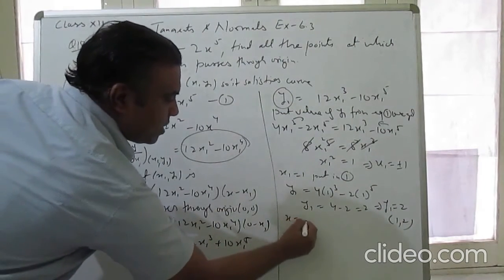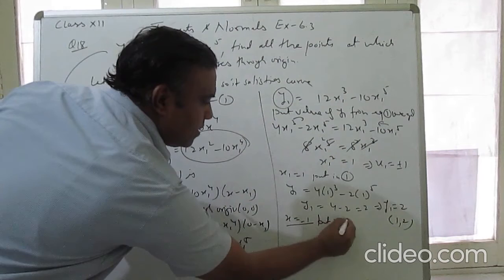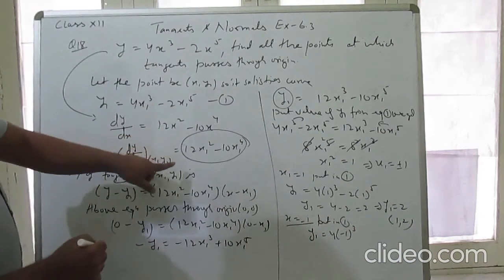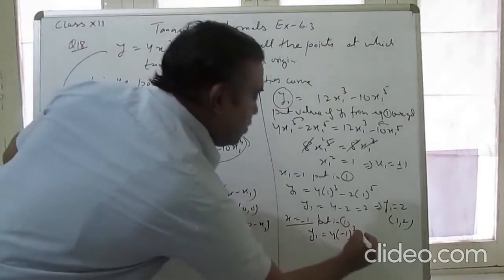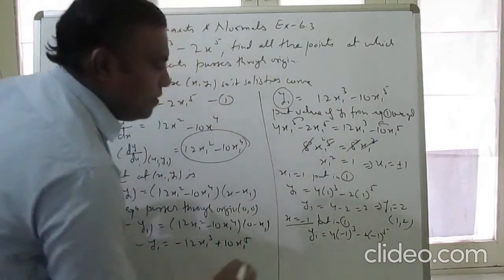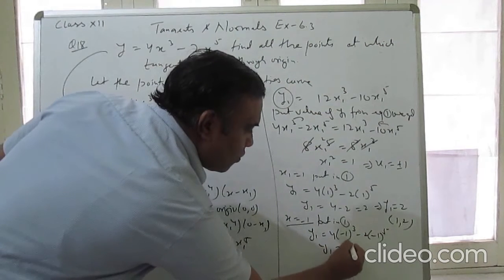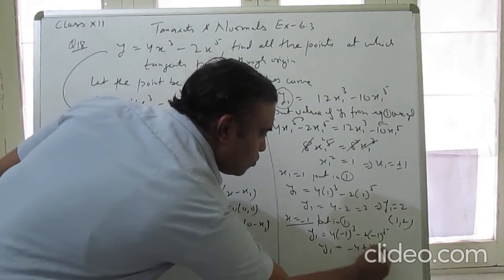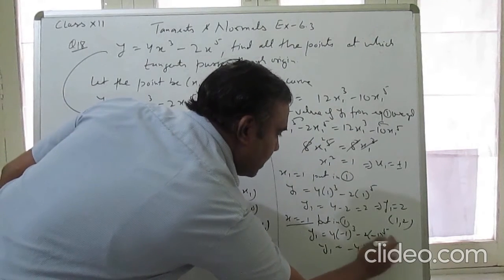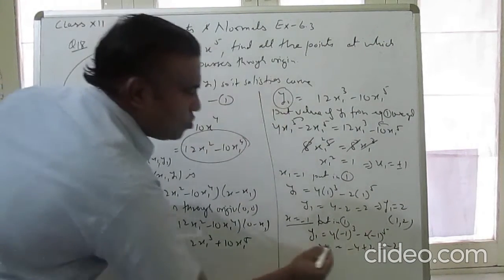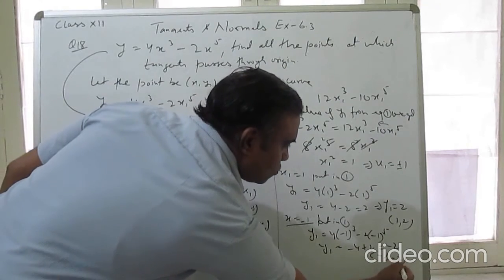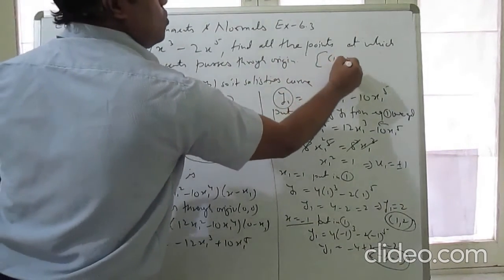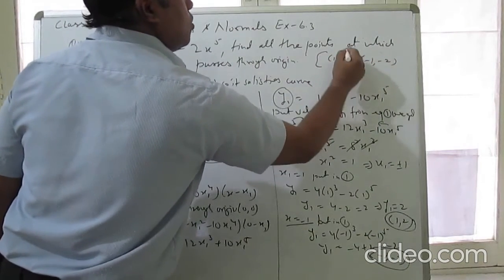If I take x is equal to minus 1 and put in 1, we get y1 is equal to 4 into minus 1 cube minus 2 into minus 1 to the power 5. So y1 is equal to minus 4 plus 2, that is minus 2. y1 is minus 2, so another point is minus 1, minus 2. These are the points: 1, 2, minus 1, minus 2, and 0, 0.